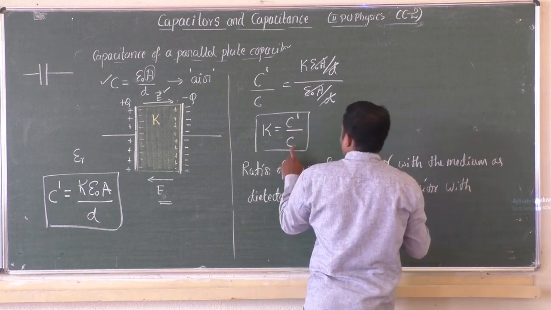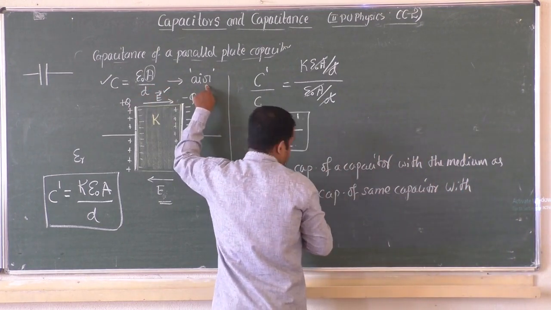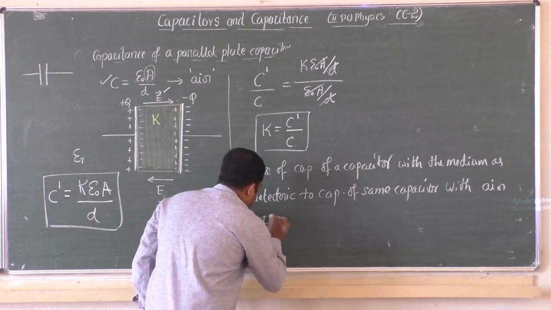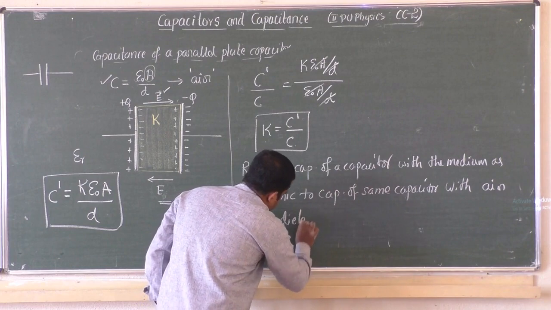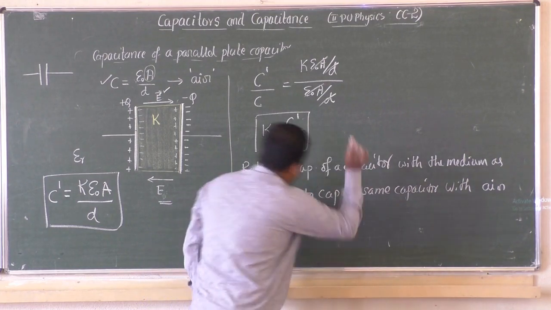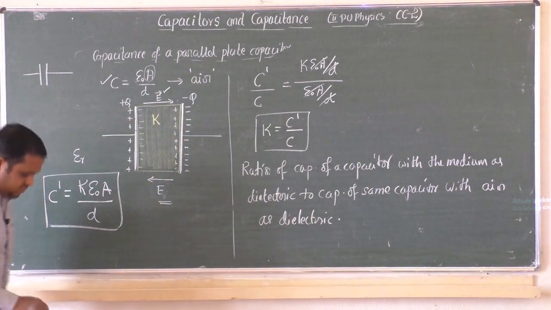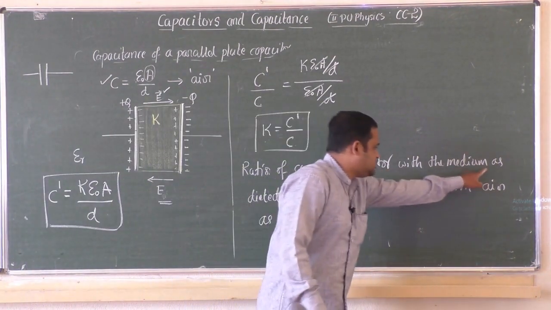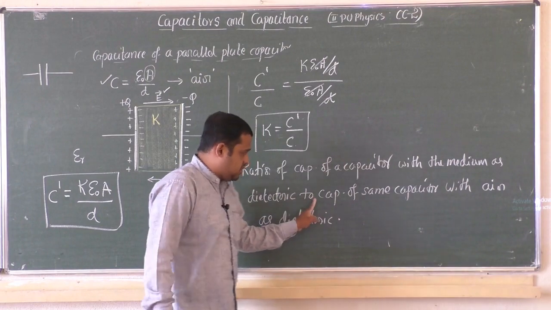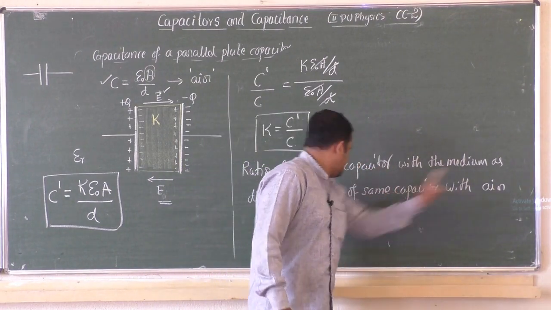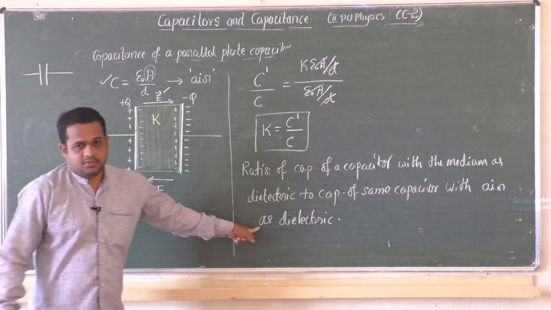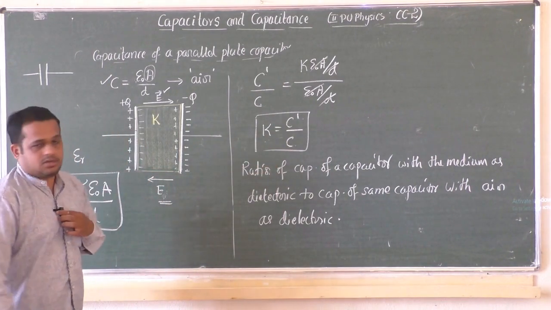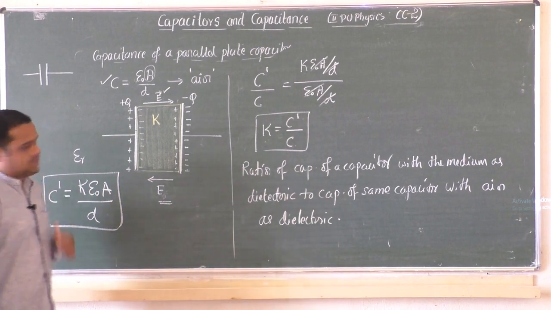Now what is C? C is the capacitance when the dielectric medium is air, with air as dielectric. So the dielectric constant of a medium is defined as the ratio of the capacitance of a capacitor with the medium as a dielectric to the capacitance of the same capacitor with air as dielectric. Okay, so in terms of capacitance we can define a dielectric constant. I think it is clear.